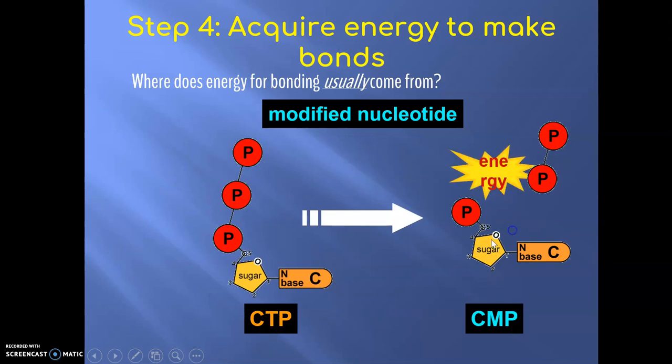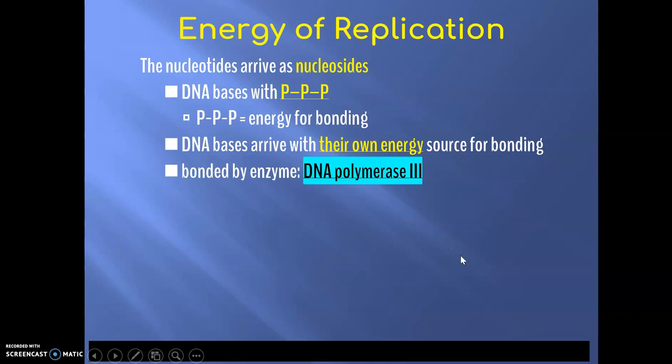We get the picture. So the energy of replication: nucleotides arrive as nucleoside triphosphates, so it's DNA bases with 3 phosphate groups. There are 3 phosphate groups to have energy for the bonding. They arrive with their own energy source for bonding, which is super convenient.